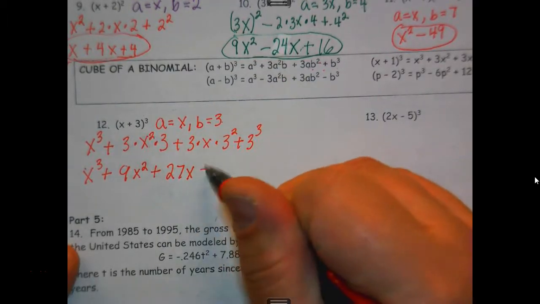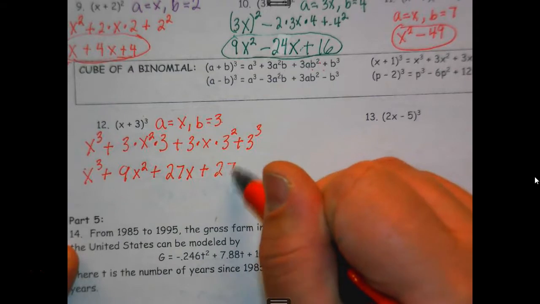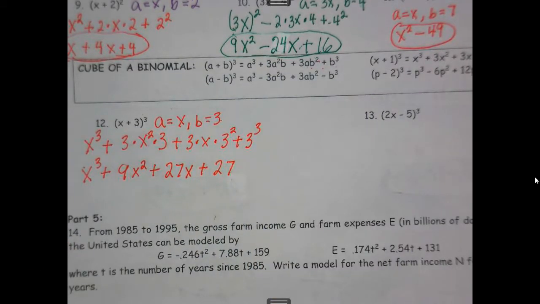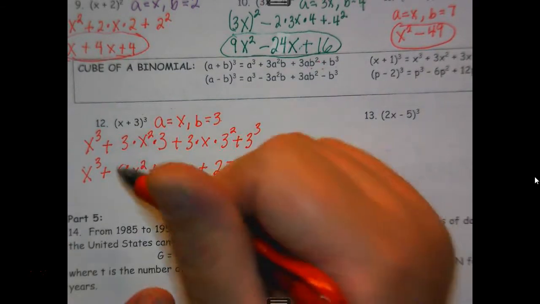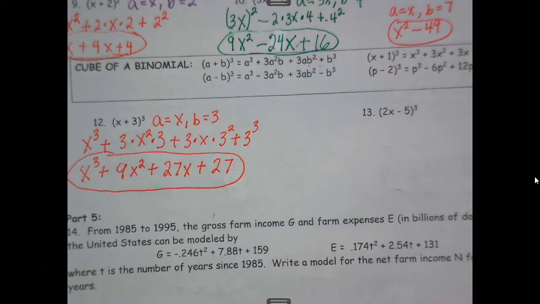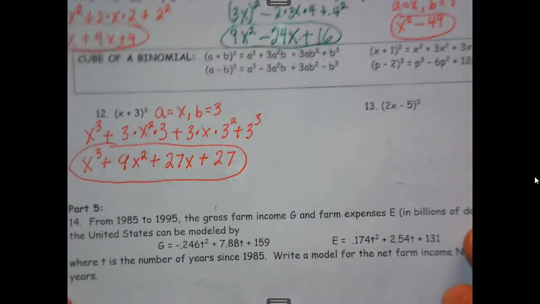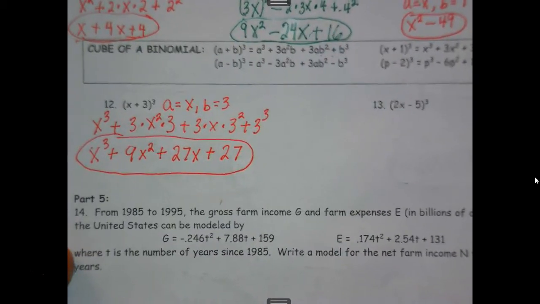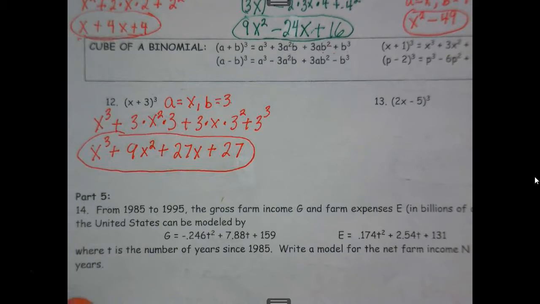Yeah, I'm not done. 3 cubed is 27, right? Did I miss anything? Got it?